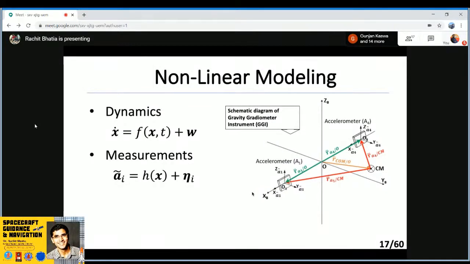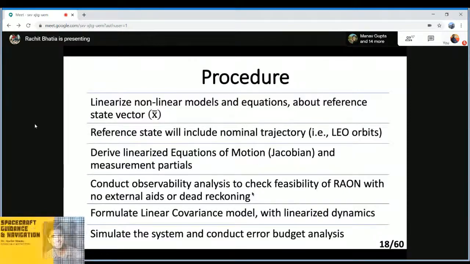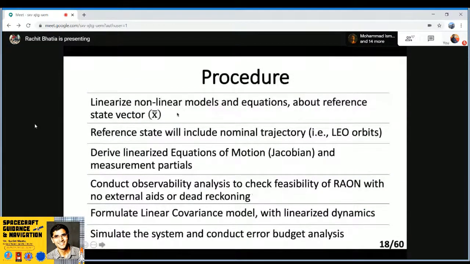Once we have set up this dynamics and measurement model, then we do linear modeling. But before that, I would like to go over the procedure. We have already set up the nonlinear model, so what I now need to do is linearize those equations, because it is always important to linearize these nonlinear models.